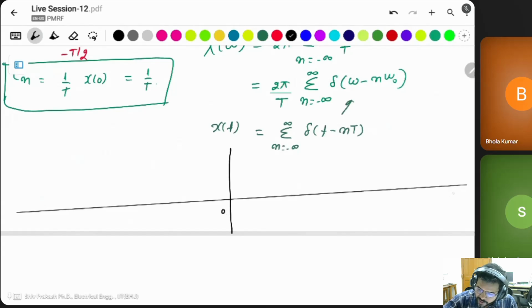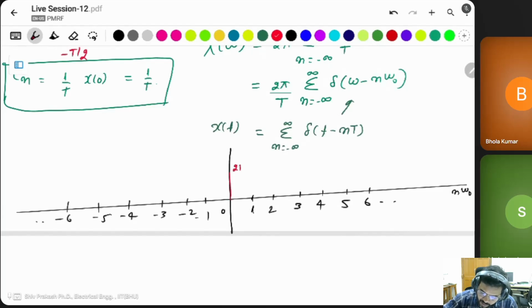At 0, this will be n omega naught, like that: 0, 1, 2, 3, 4, 5, 6 to infinity, and minus 1, minus 2, minus 3, minus 4, minus 5, minus 6, like that. The value of that function is simply 2 pi by T for all. 2 pi by T here, 2 pi by T here, the magnitude is the same for all.